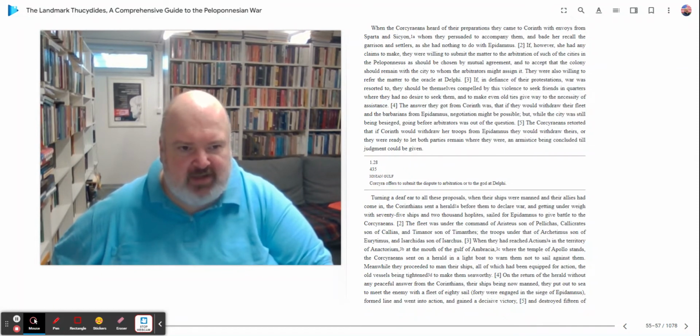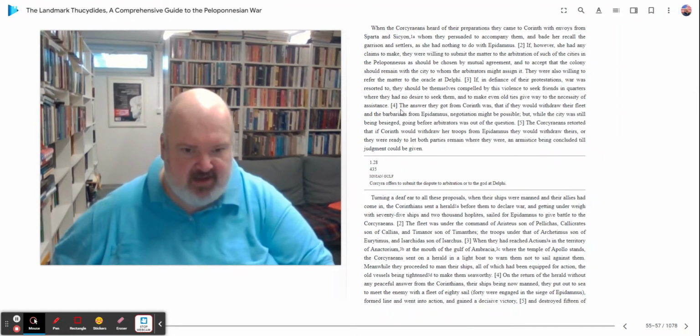They were also willing to refer the matter to the Oracle of Delphi. If, in defiance of their protestation, war was resorted to, they should themselves be compelled by this violence to seek friends and quarters where they had no desire to seek them, and make even old ties give way to necessity of assistance.